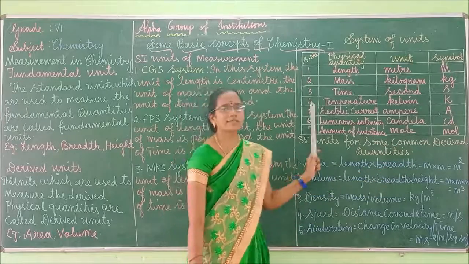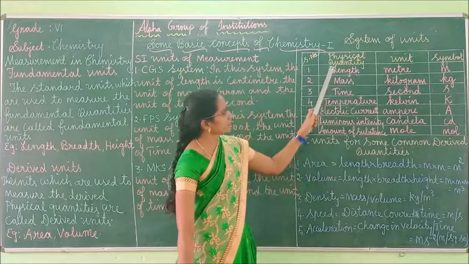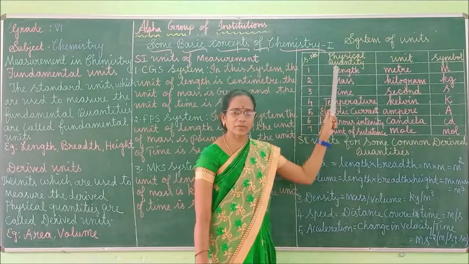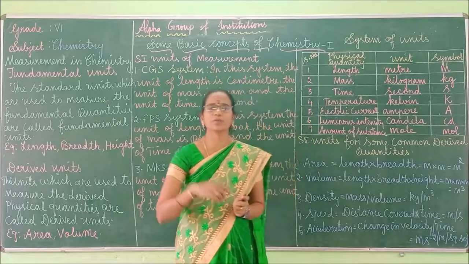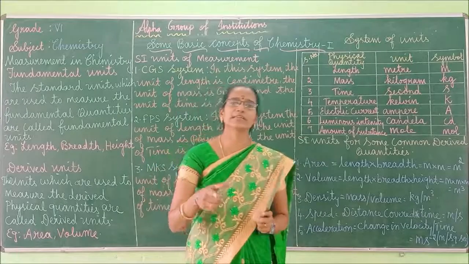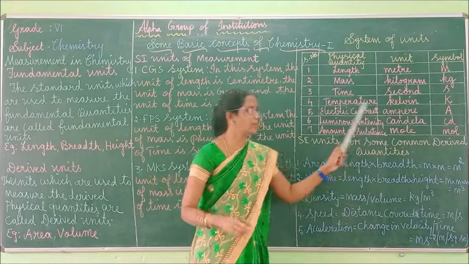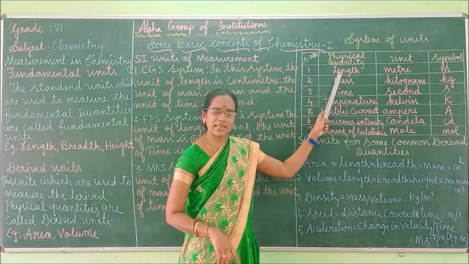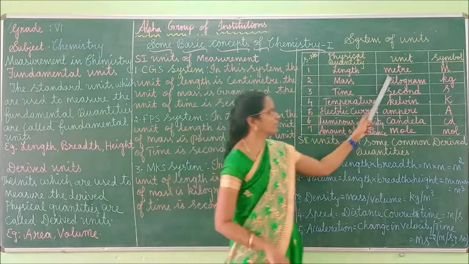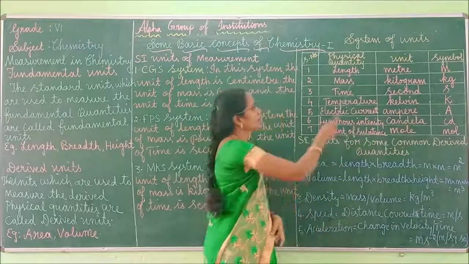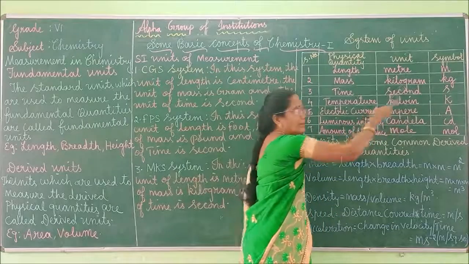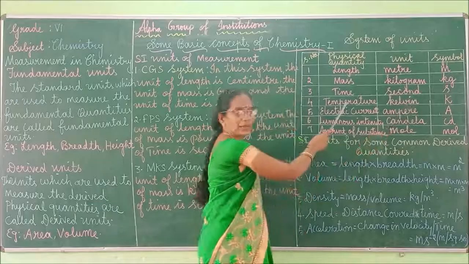Got it, children? So what are the systems of units? Here we have to make a tabular column: one column for serial number, next physical quantity, next unit, and the last one symbol. First physical quantity is length. Length is measured in meter, its symbol is m. Mass is measured in kilogram, its symbol is kg.